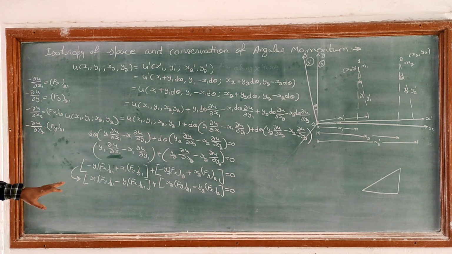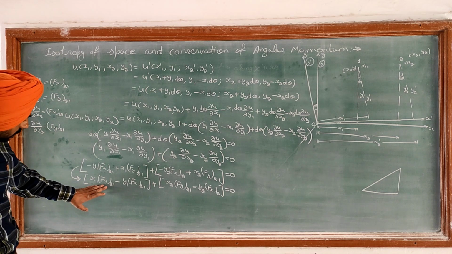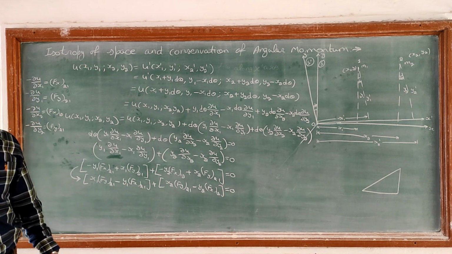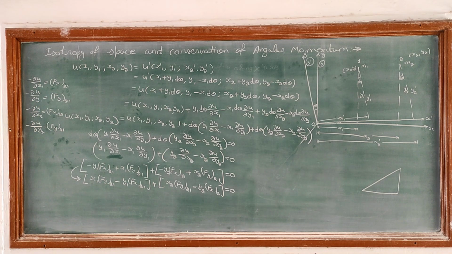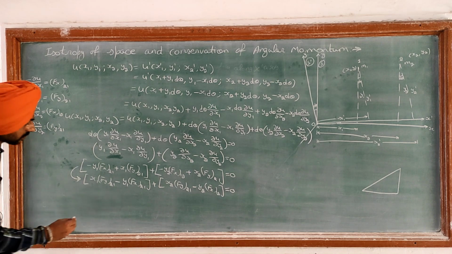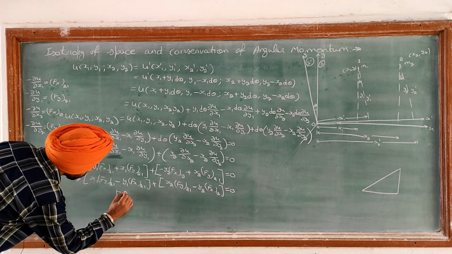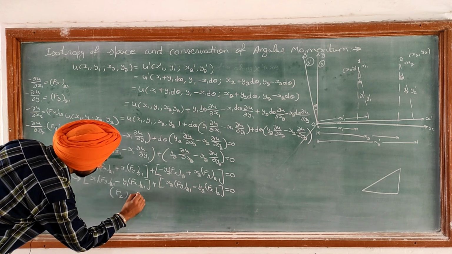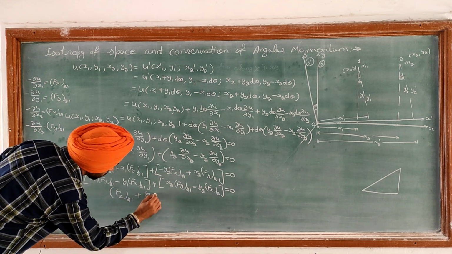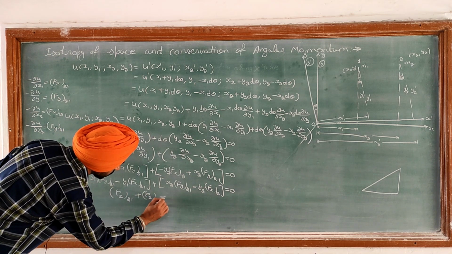Now, what is this x1 fy minus y1 fx? This is the z component of torque on particle 1 due to 2. So I will write it as tau z 21 plus tau z 12 is equal to 0.